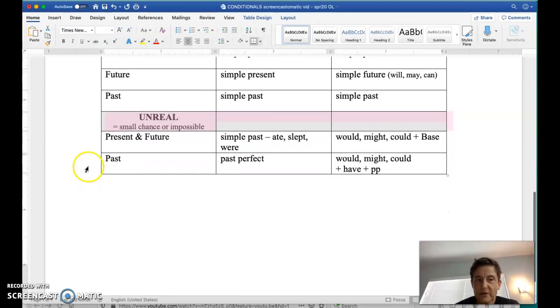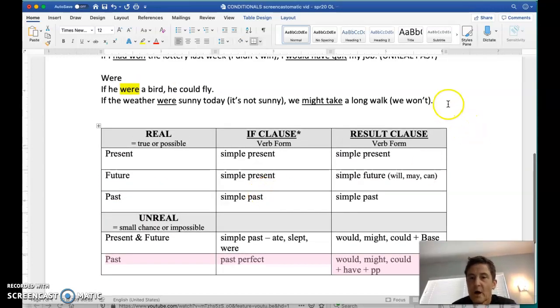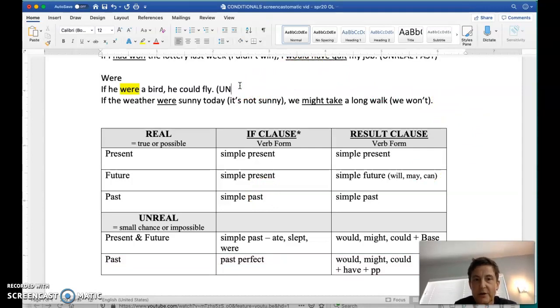I'll make another example, but for past I don't worry about "were" because we don't have simple past. This one is unreal present or future. If I were a bird, I could fly.